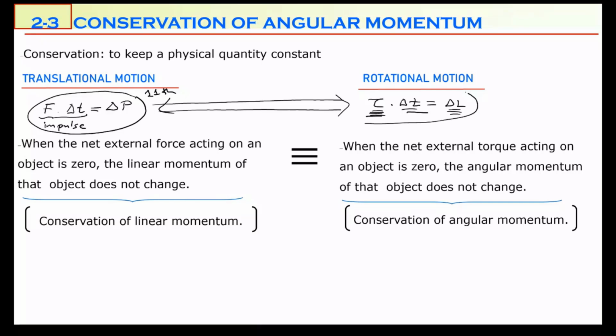As I said, this equation is not in your book, but it will help us understand the conservation of angular momentum. What does conservation mean? First, let's get this: if you keep a physical quantity constant, we say that this quantity is conserved. You studied one part of this in the 11th grade as conservation of mechanical energy.